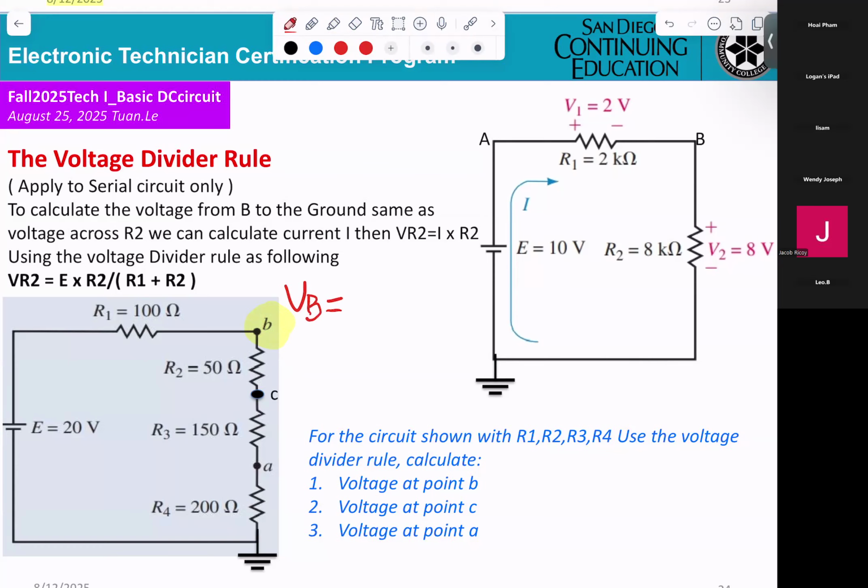Okay, so before you calculate the voltage, you need to calculate the current. I equals E divided by R1 plus R2 plus R3.